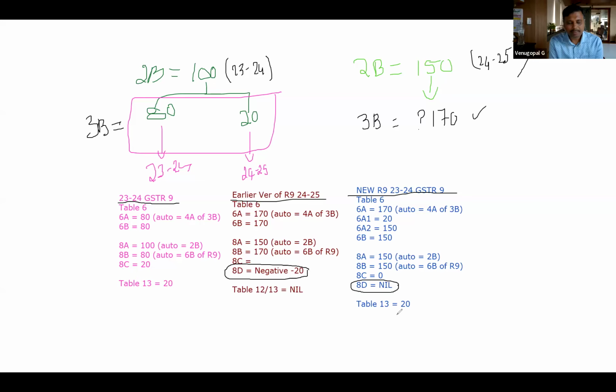Basically, they understood that something of the past which is coming is distorting table 8. In my last year session, if you attended, I would have said show 8C negative. Many experts said instead of showing 8C negative, why don't you show 6B at a lower value and show it in 6H?